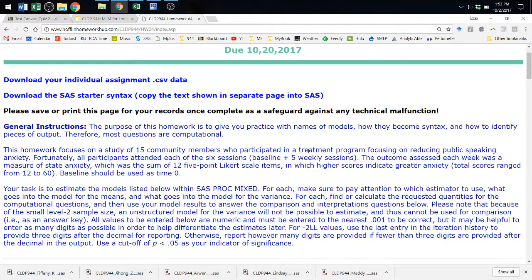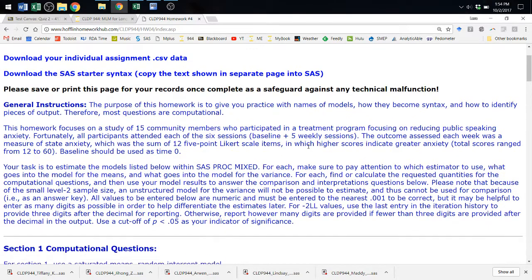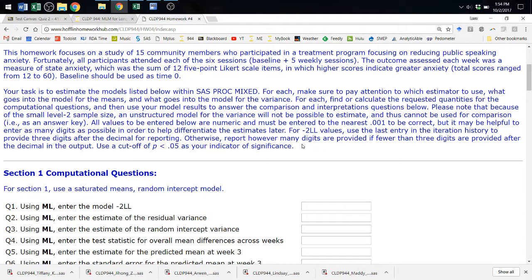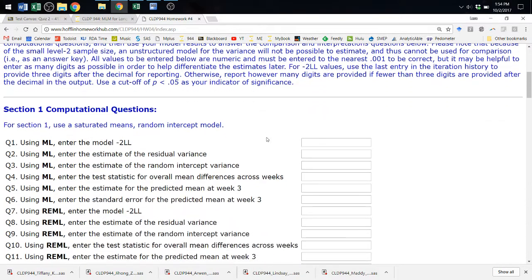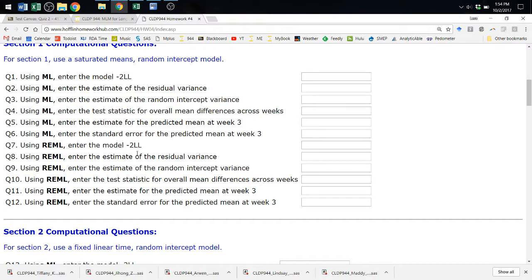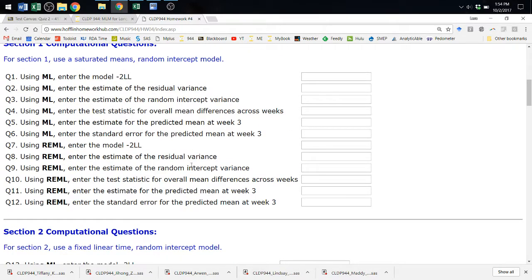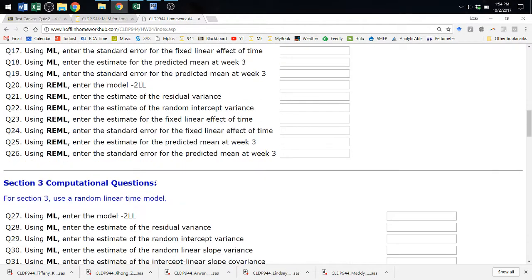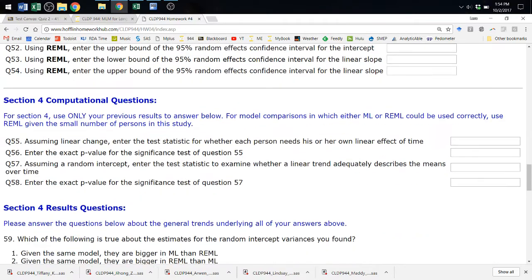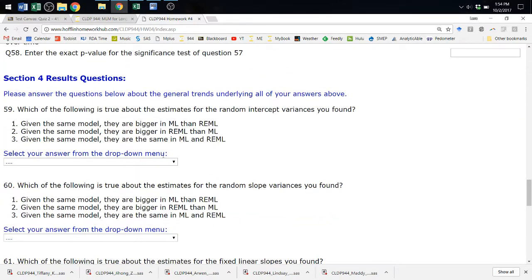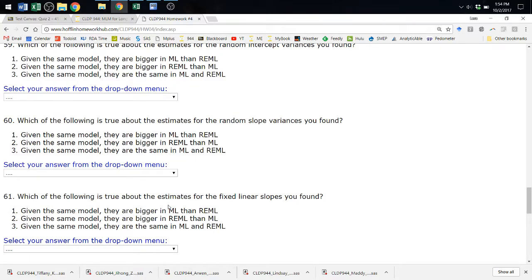There's very little computation. The models themselves are very, very straightforward because they are going to look exactly like the example I'm going to show you. You just have to learn where all this stuff is in your output. That's your goal. And then based on doing the same 3 models in ML and REML, answer a couple of questions generalizing the results, comparing the 2.